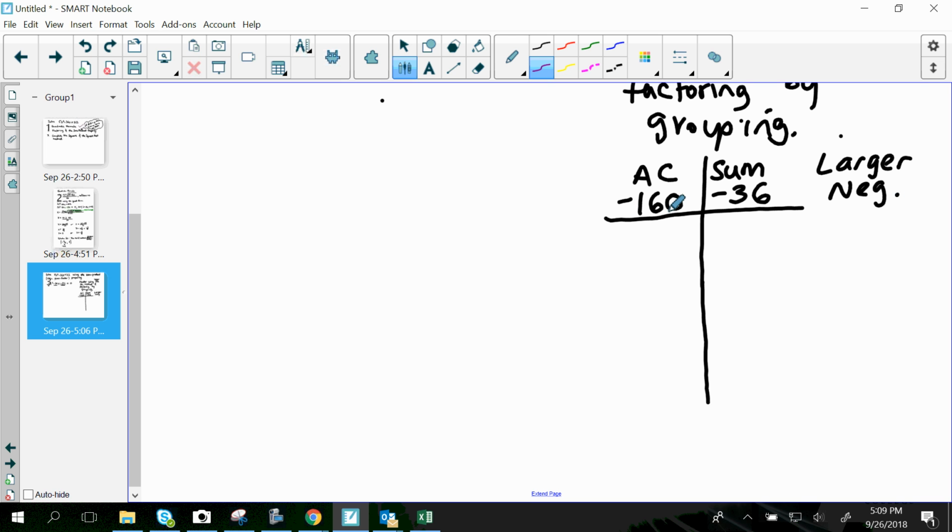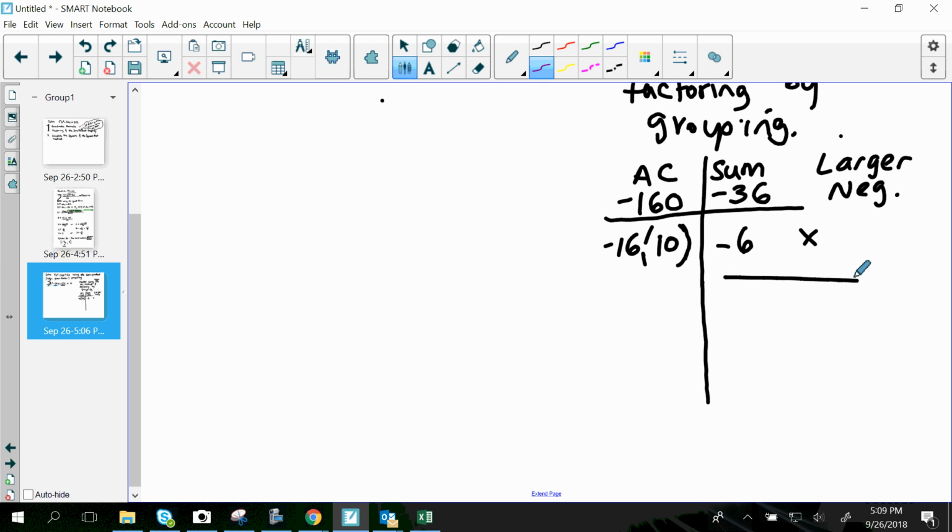So if I do 16 times 10, the 16 should be negative and the 10 positive. And that would give me a difference of negative 6, which is not going to work. That is not meant to be an x, it's meant to mean no bueno, not good, did not work out.